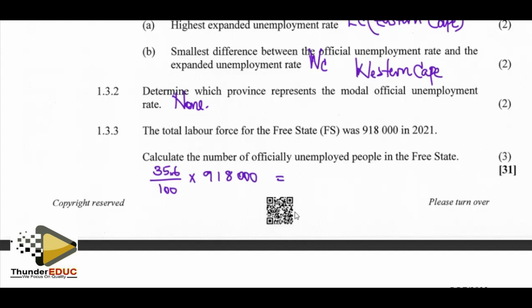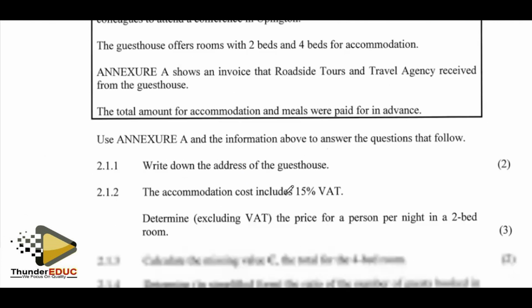And you'll end up having 326,800. And these are the people.